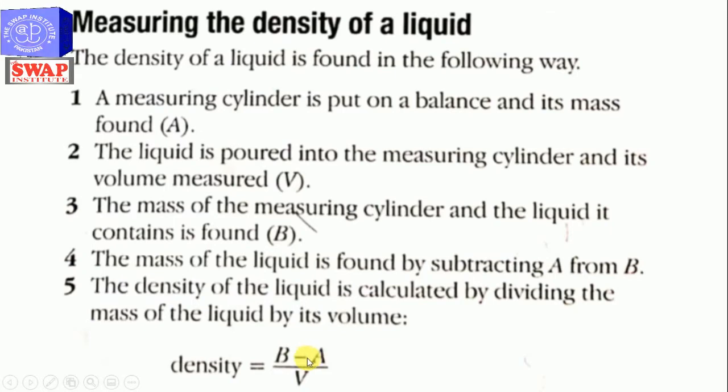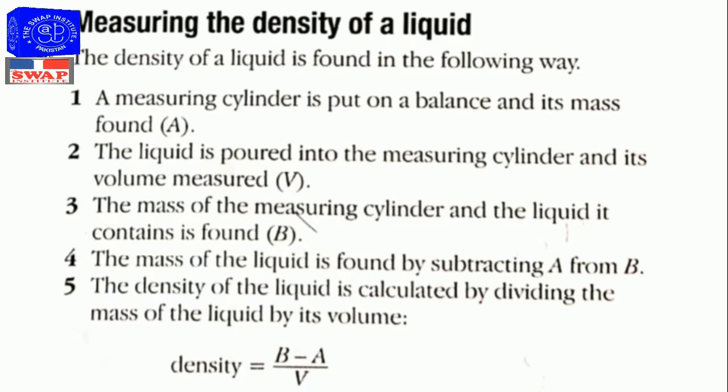This is the mass of the cylinder without liquid, and this one is the mass of the liquid with the mass of the cylinder. So by subtracting them from each other we will get the mass of that liquid in it.